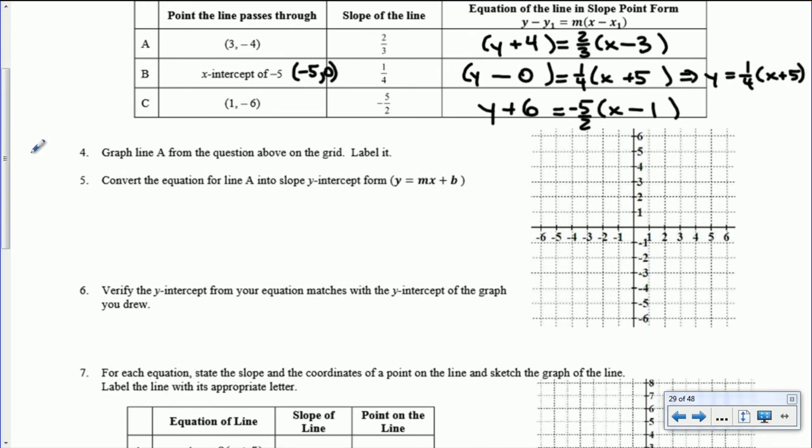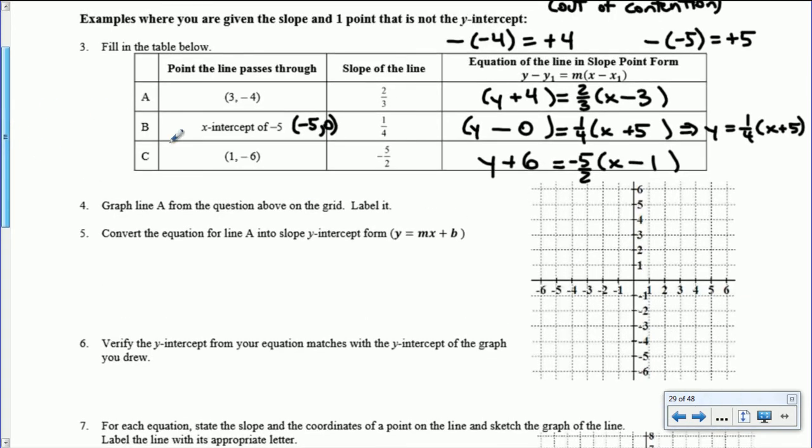Alright, graph line A from the question above on the grid and label it. So we have the point passing through 3, -4, which is located here. And the slope is 2/3, so the rise is 2 and the run is 3. To get to the next point, we rise 2 and run 3.